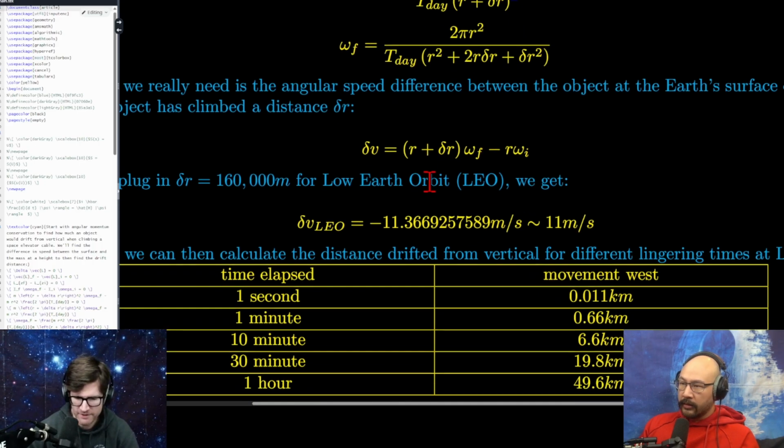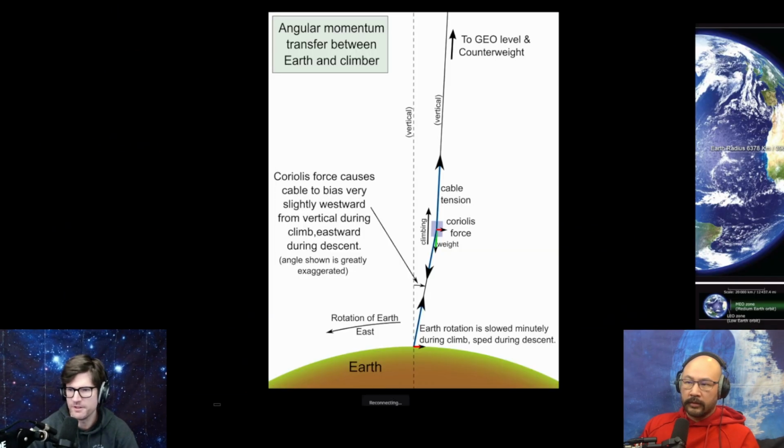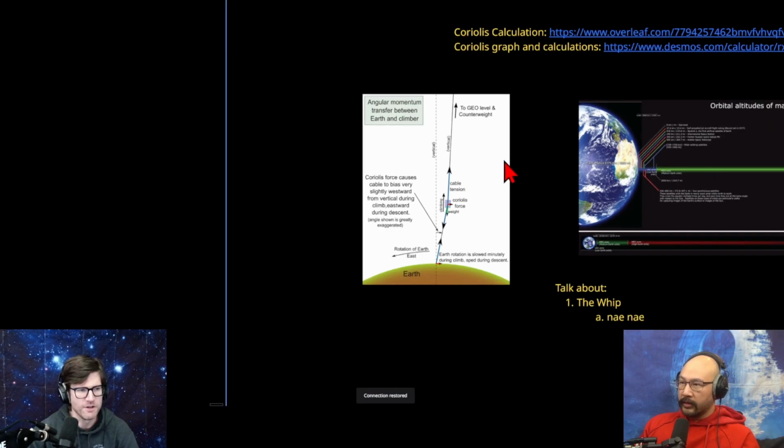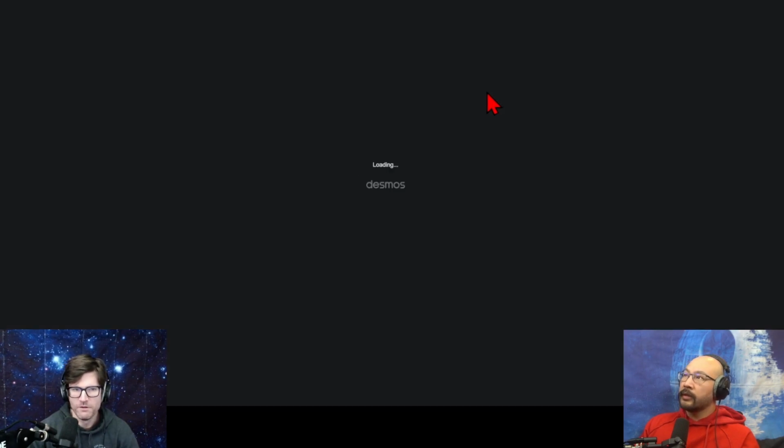Okay, hold on. I think I have a calculation on Desmos that shows me making these calculations. Let's see if I can bring that up here and share it with you. Did I share one with you? I don't know if you shared it with me, but I see it on the board.